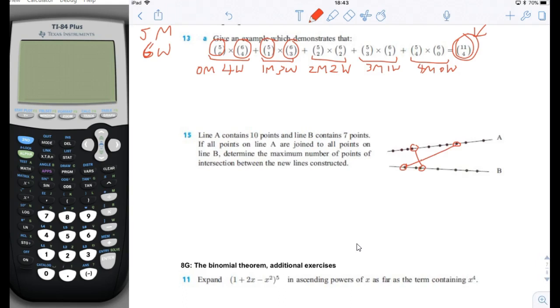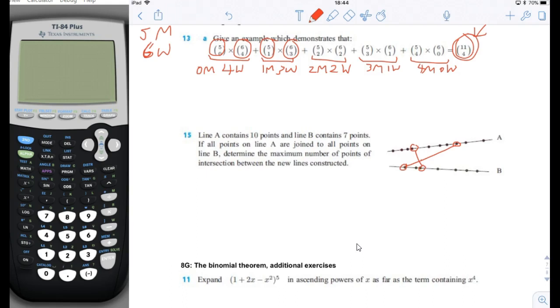Okay, so you can see that by choosing any 2 points on A and any 2 points on B, you can always form an X with the 4 points that you chose that will have an intersection in between line A and line B. And so basically, how many intersections would you have between all the lines connected between A and all the lines connected between B?